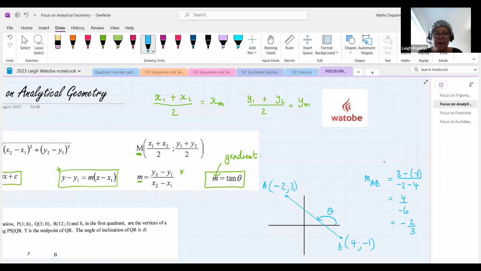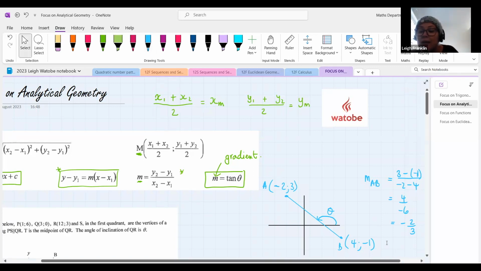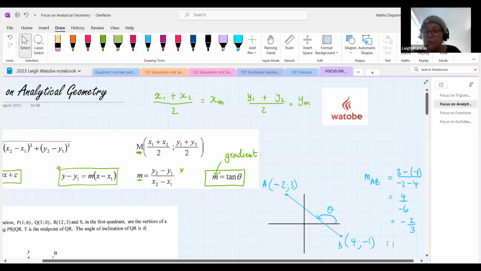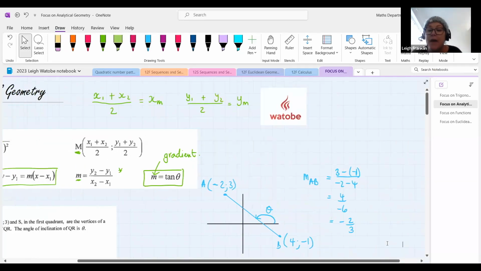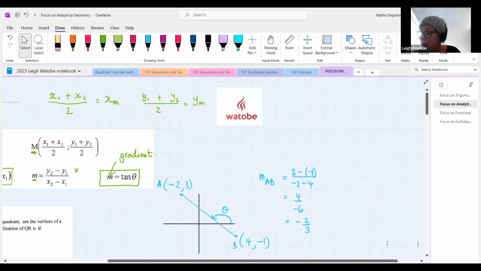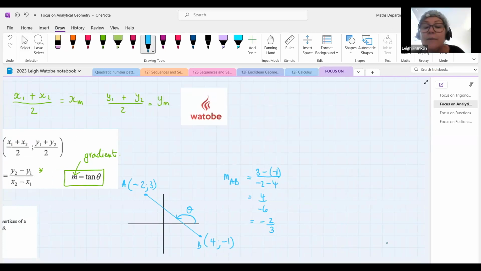So now, when I want to calculate my angle of inclination, I would first write down that tan theta is equal to the gradient, which in this case is -2/3.